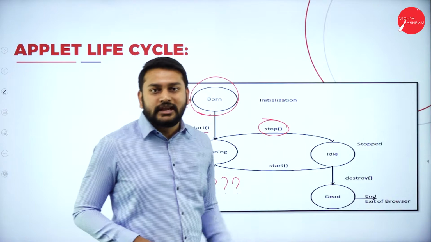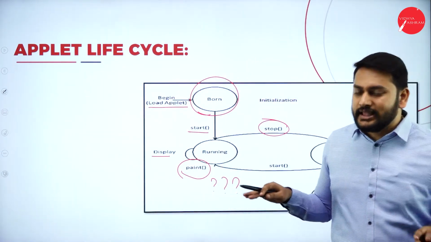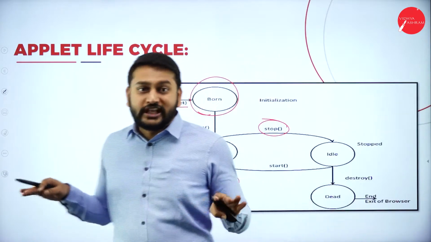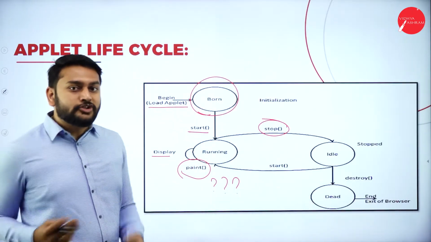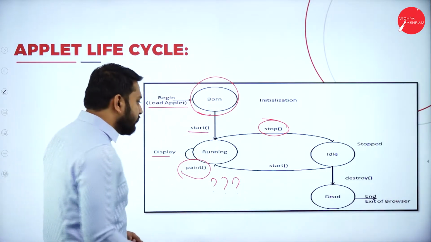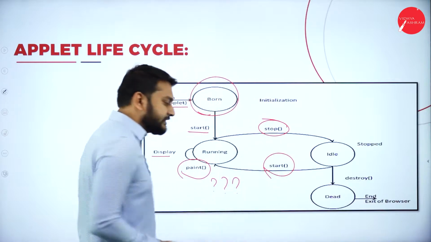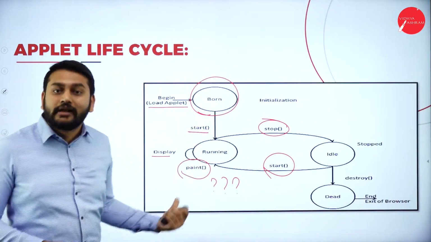When it reaches the idle state, it is not performing anything, is what you need to remember. So fine, if I want to bring it back, to resume it to the running state, I will be using the start method again, to bring it back from the idle state to the running state.